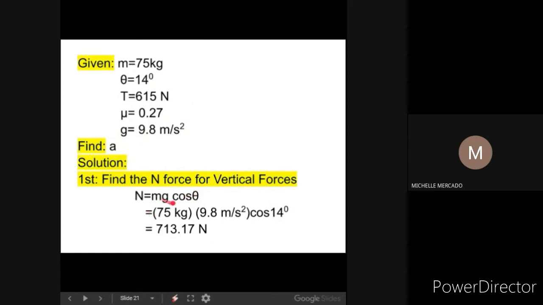So again, transpose the mass, 75 kilogram, then the value of gravity, 9.8 meter per second squared, then cosine 14 degree. So 75 multiplied by 9.8 meter per second squared cosine 14 degree, the answer will be 713.17 Newton.